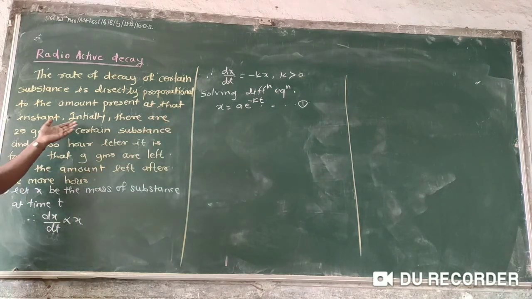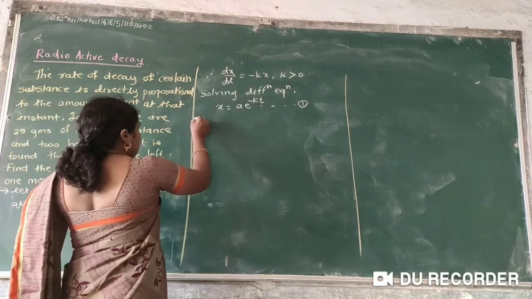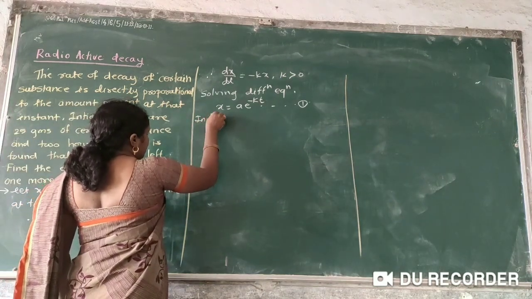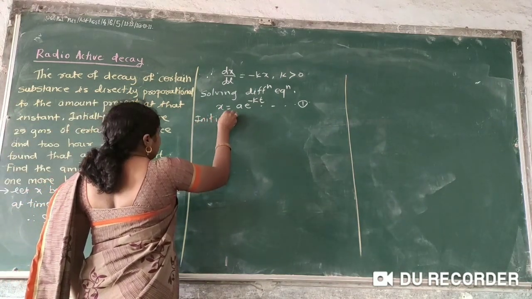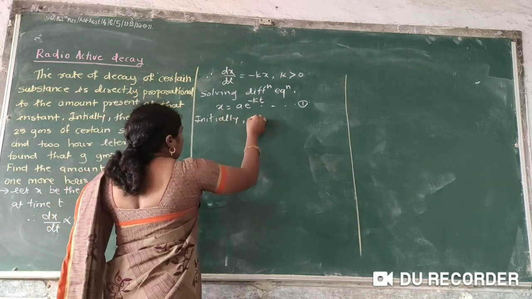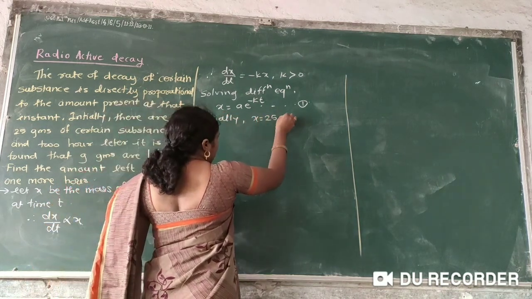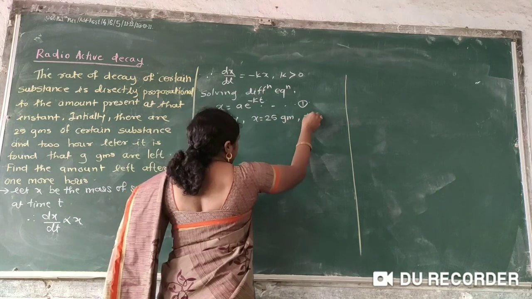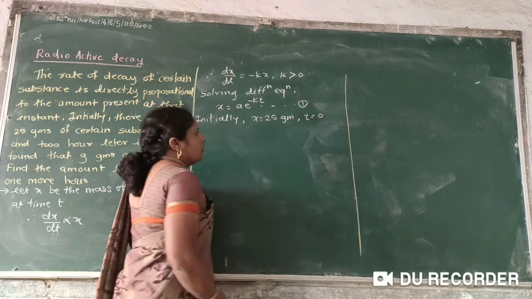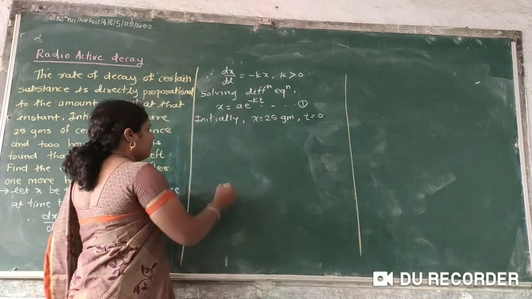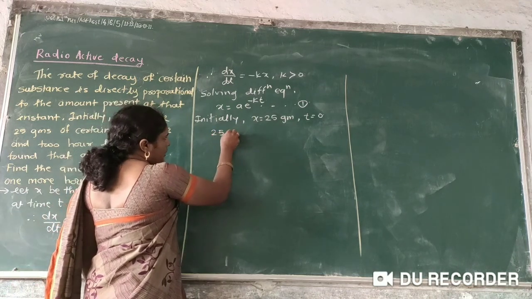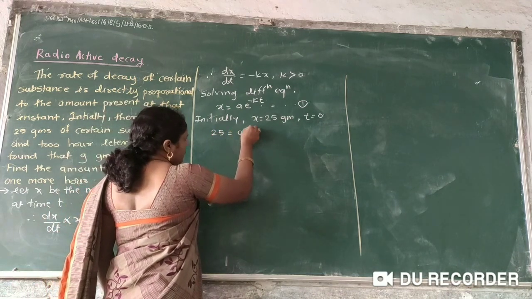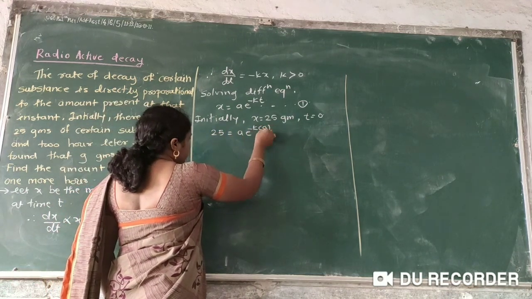Now it is given that the initial amount is 25 grams. Initially, x is equal to 25 grams at time t equal to 0. Substitute this value in this equation. We get 25 is equal to a into e raised to minus k into 0.